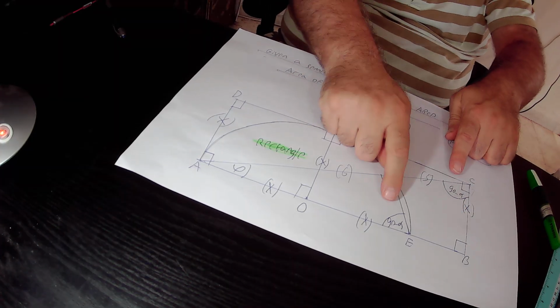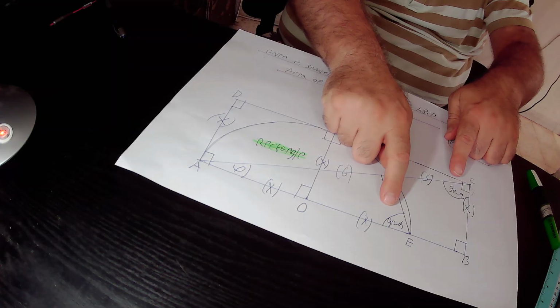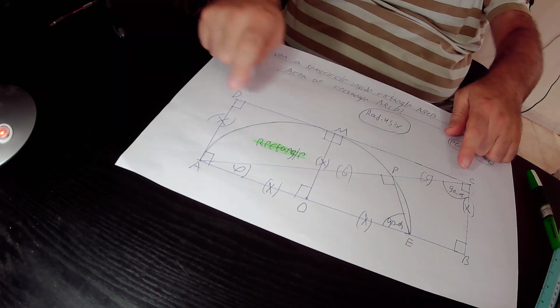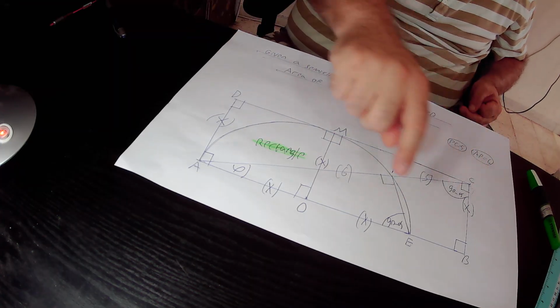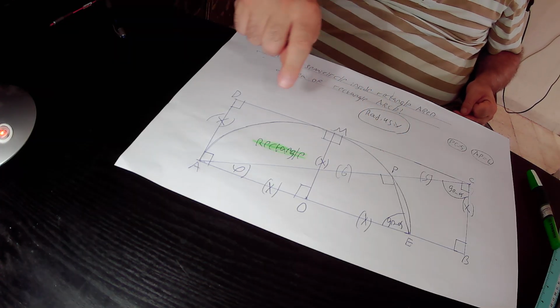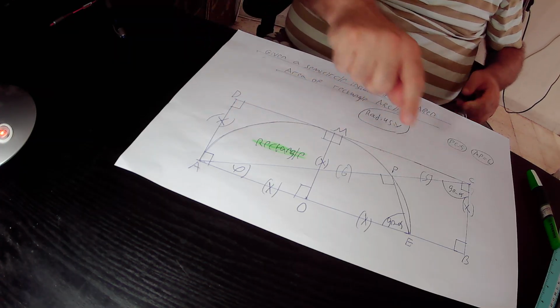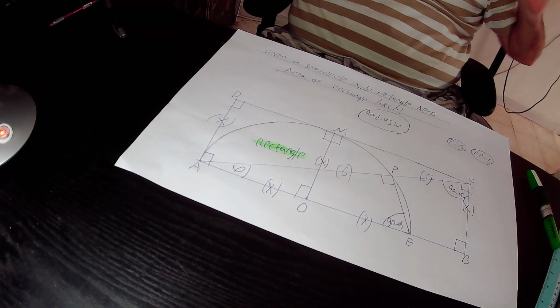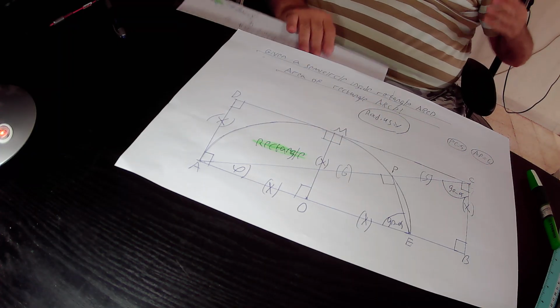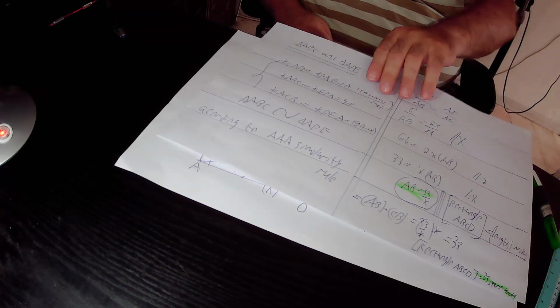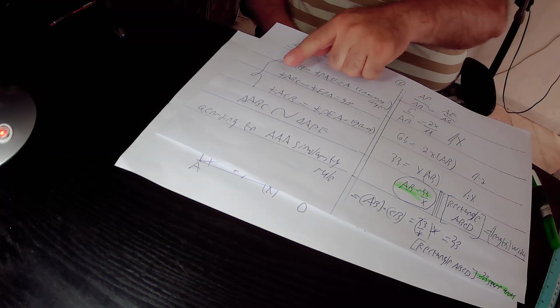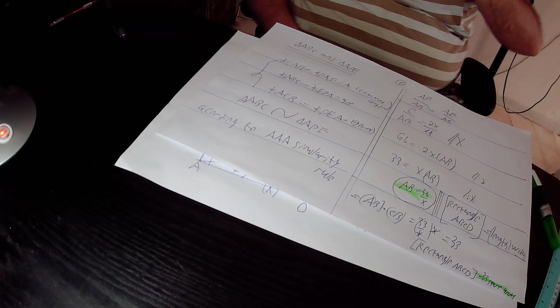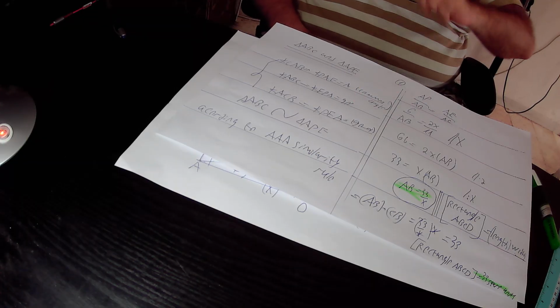And finally, those two angles are both equal to 90 degrees minus alpha, therefore they are equal to each other. So we can prove that all the angles inside the big right triangle ABC are correspondingly equal to the angles of the right triangle APE. And therefore those two right triangles are similar to each other according to the angle-angle similarity rule. The big right triangle ABC is similar to the small right triangle APE according to the angle-angle similarity rule.